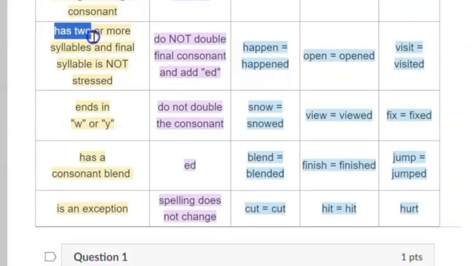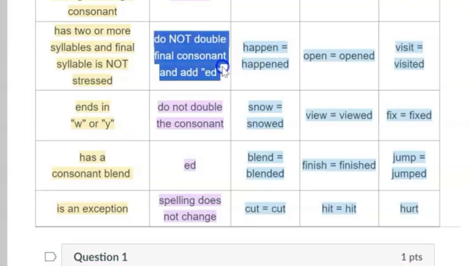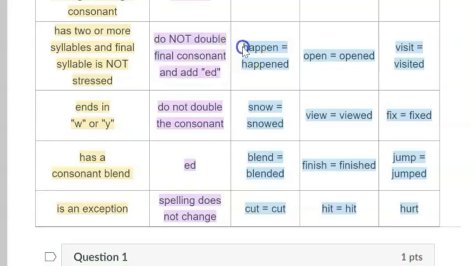When the verb has two or more syllables and the final syllable is not stressed, do not double the final consonant and add ed, such as happen turns to happened, open turns to opened, and visit turns to visited. And I'm pronouncing this in American English, visited, with a D sound instead of a T.